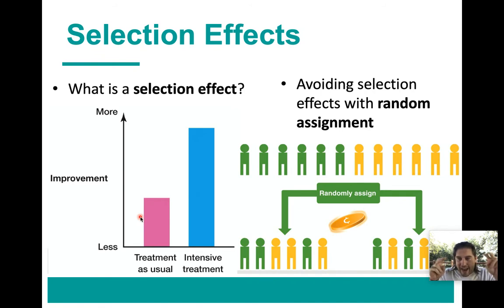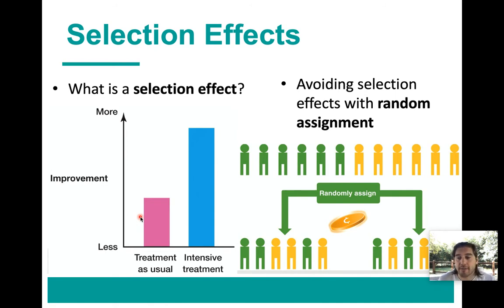From the sort of average of everyone else. So I'm no longer doing an experiment on the blood pressure medication. I'm doing an experiment on how the blood pressure medication impacts people who work out. That's not what I want, right? It's a selection effect. I have a systematic confound from the way I selected my participants.